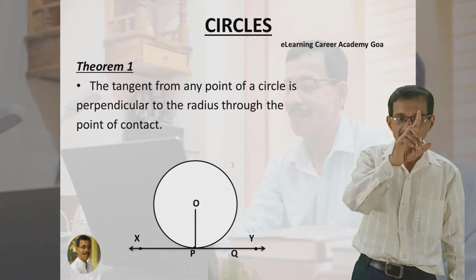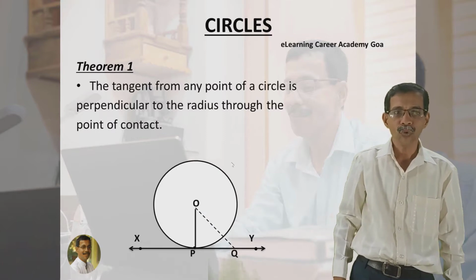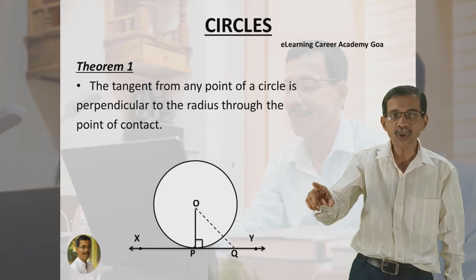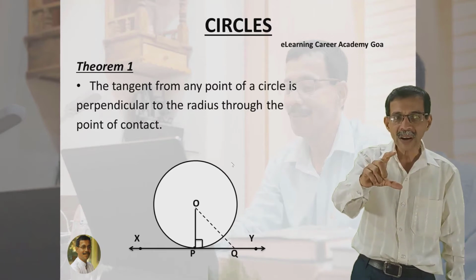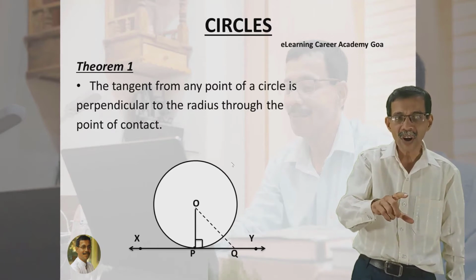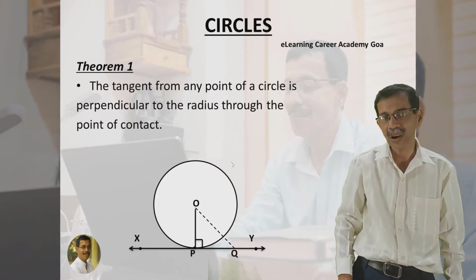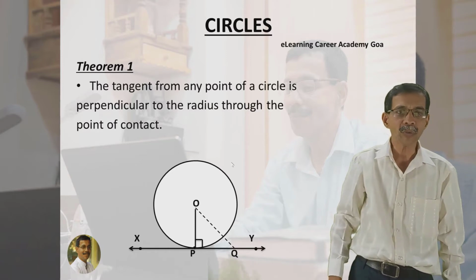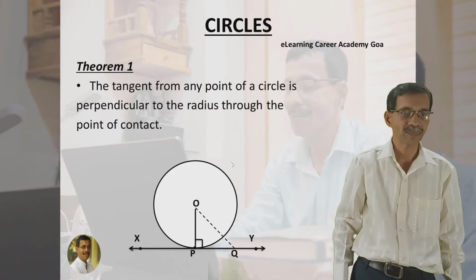So OP is the radius, and let's join P and Q. When we join this, we will find that OP is perpendicular to PQ, that is, the radius from the center to the point of contact is perpendicular to the tangent. This is what theorem 1 says, and you have to remember this theorem and concept because many problems are asked based on it.